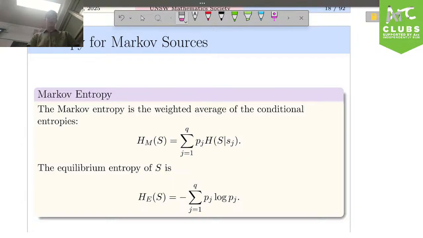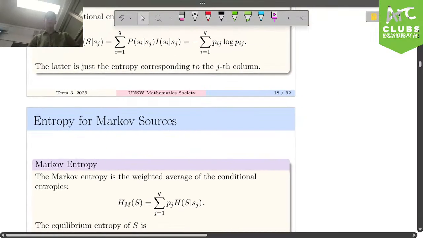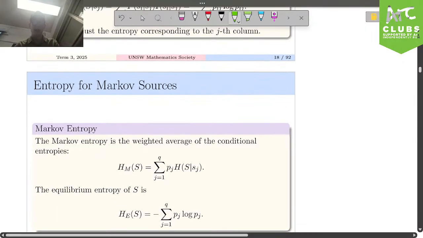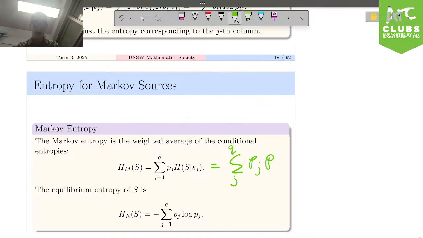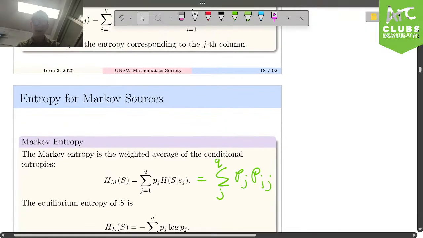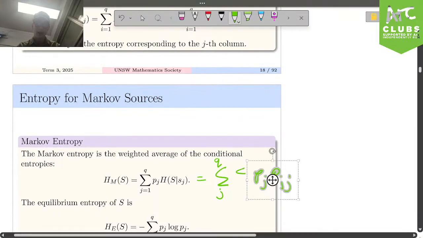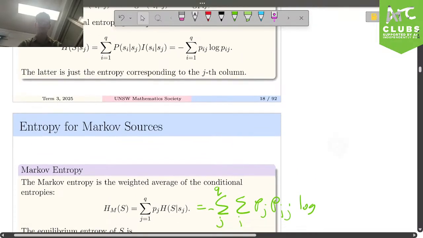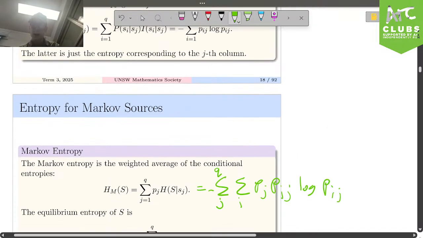There is probably not too much worth in writing it all out, but if you combine this with the expression we saw before, it's going to look like the sum over j to q of pj times the sum over i of pi given j, times log, with a negative here, of pij.